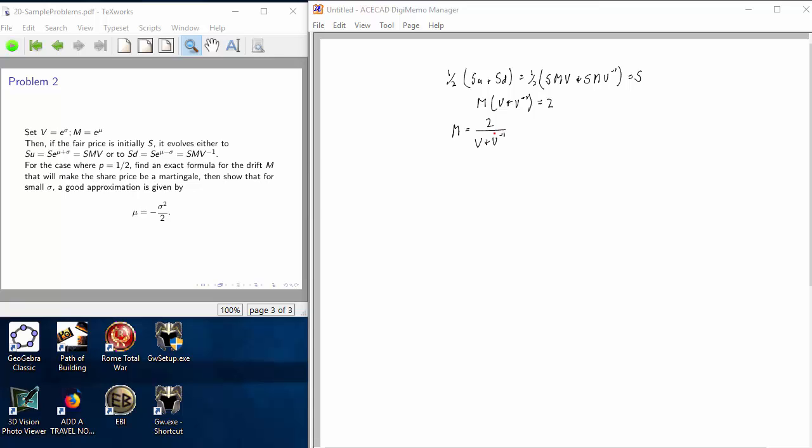But now I'm going to write this in terms of an exponential. I'm going to denote V by e to the sigma. So I have 2 over (e to the sigma plus e to the minus sigma).